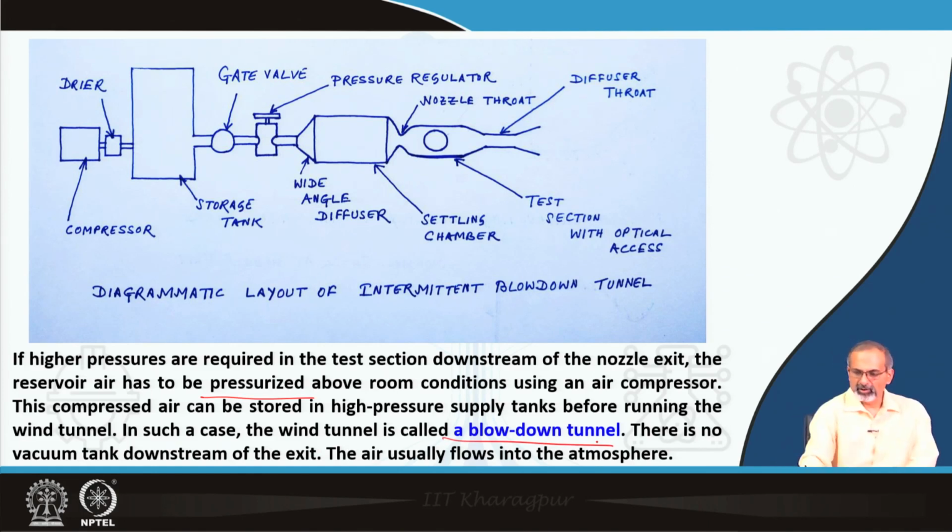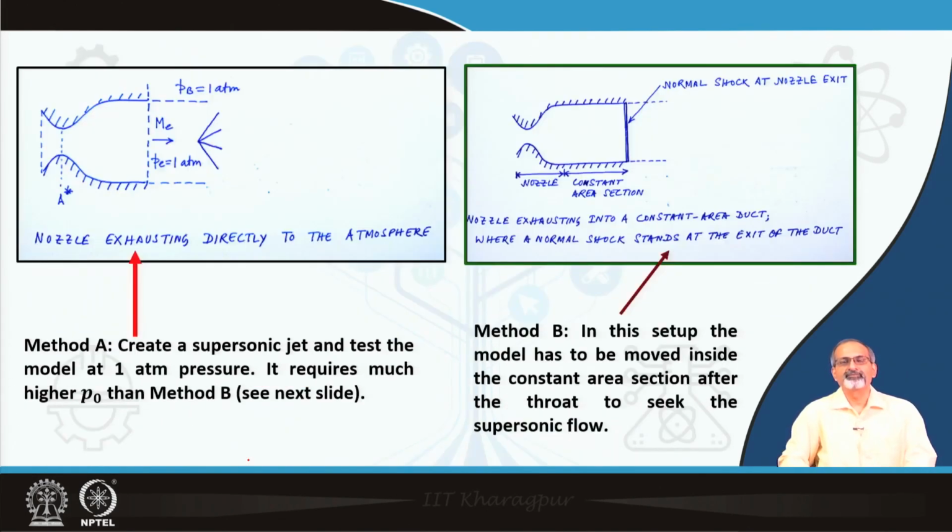There is of course no vacuum tank downstream of the exit of the tunnel, and the air usually flows into the atmosphere. So, we saw a variant of the one that we are calculating, and if you were to expand this idea a little further, we can think about different design possibilities of a blow down type of tunnel, where you are exhausting the gas into the atmosphere.